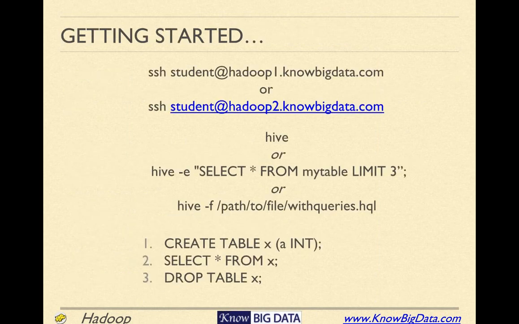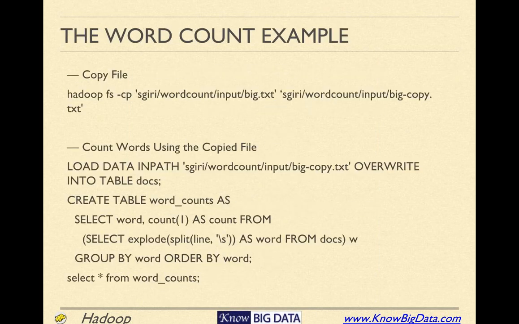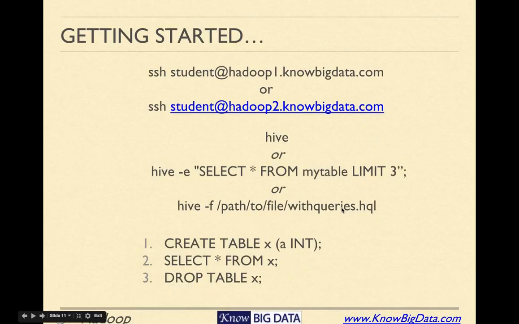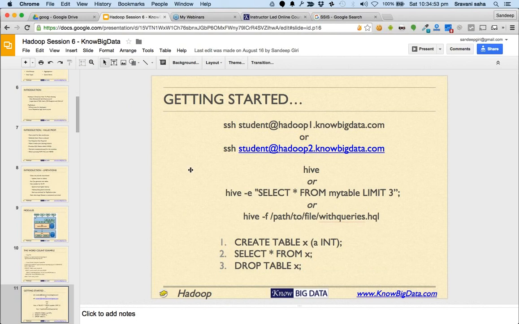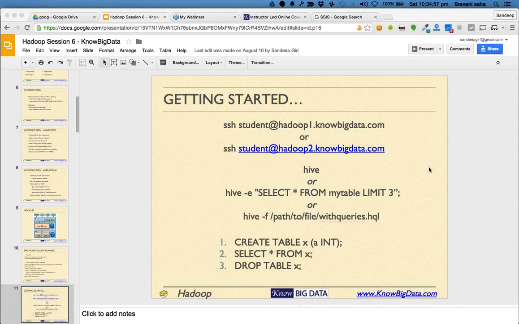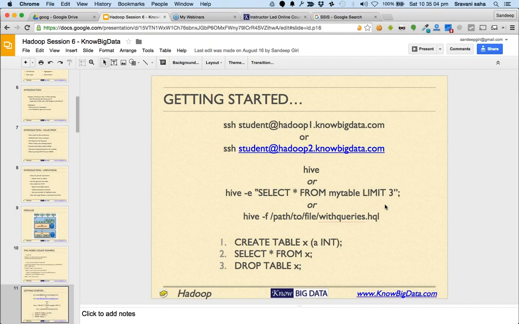All right. So this is an example of the Hive word count example. Let's try to get started. Any of Hadoop 1, Hadoop 2, Hadoop 3, Hadoop 4, you can simply SSH and you will get access to Hive.